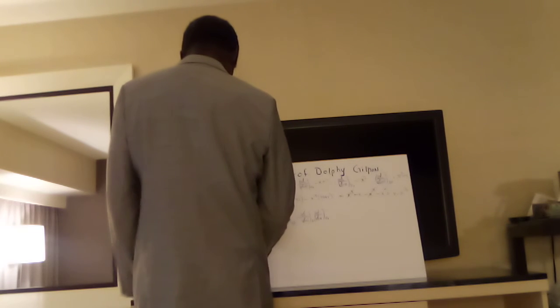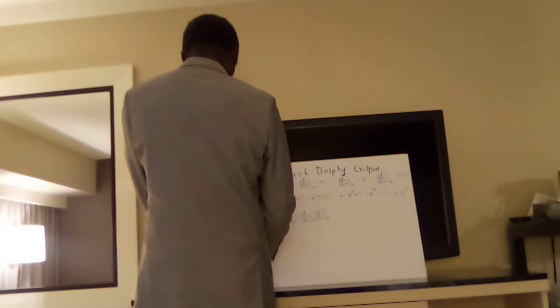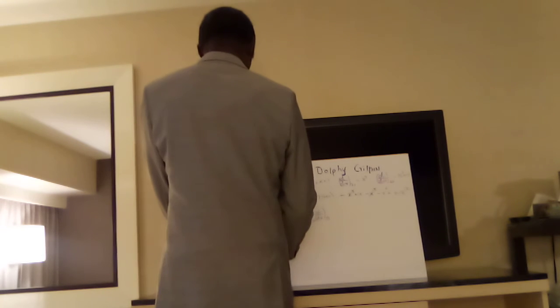And similarly, we could move on to a 3 by 3. So for the 3 by 3, let's have d by dx 1 1, d by dx 1 2, that's for the element of the first row, second column, and d by dx 1 3.